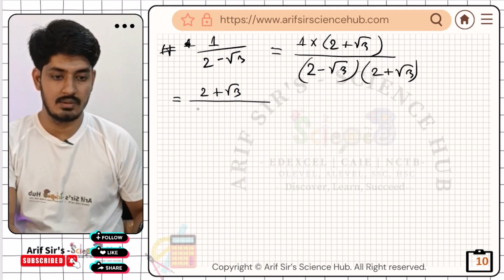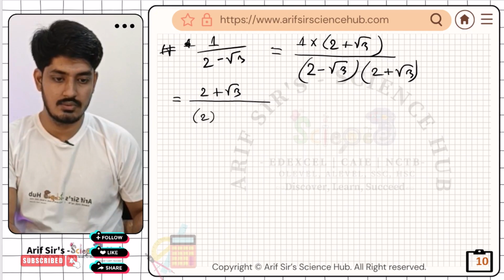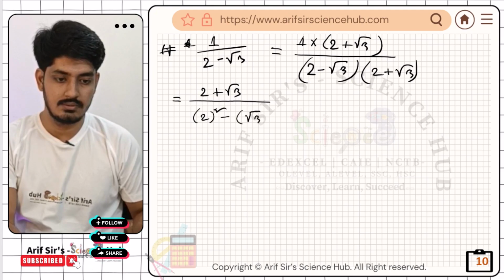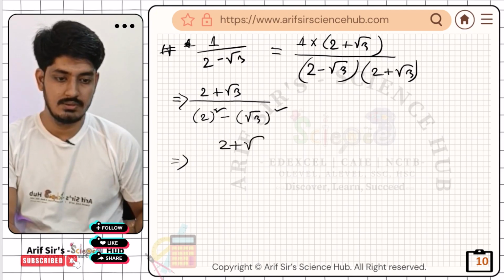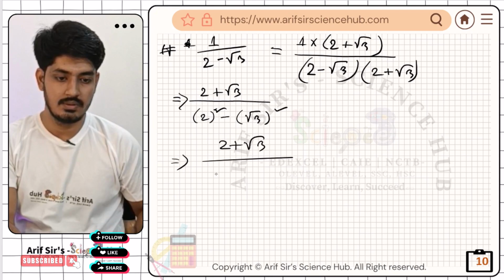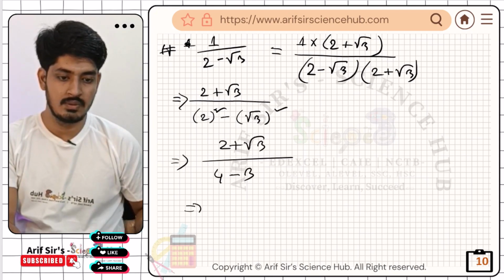This is the formula, we know that. So 2 whole square minus root 3 whole square. So we can write 2 plus root 3 divided by 4 minus 3.